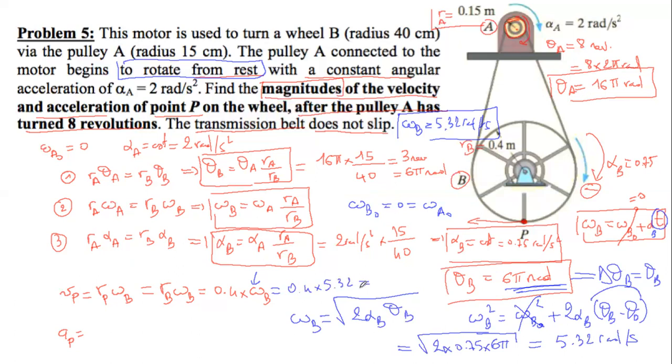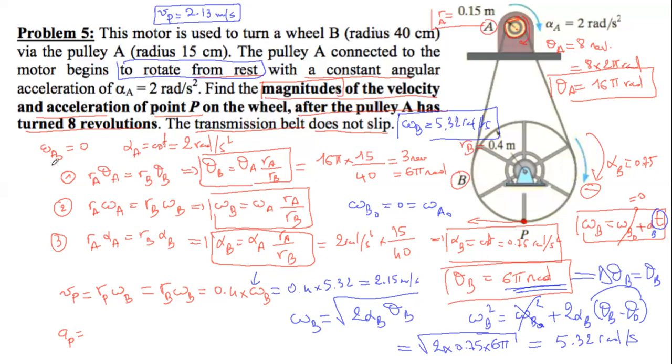You do the calculation and you will find 2.13 meters per second. So VP, which is what I want, VP is 2.13 meters per second. Is it clear for everyone?